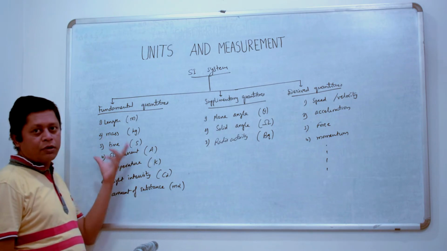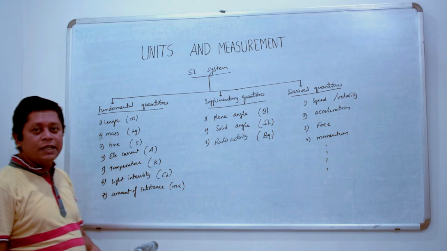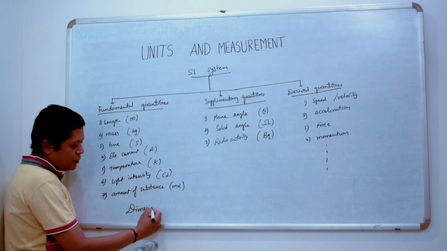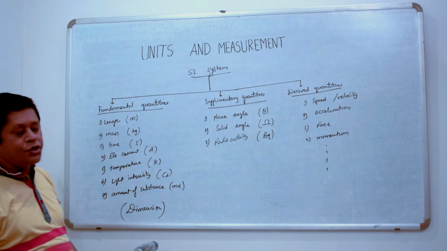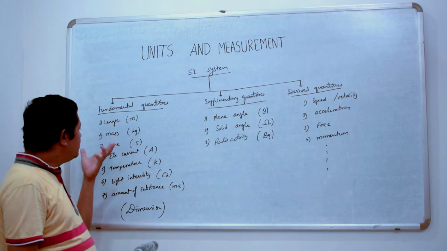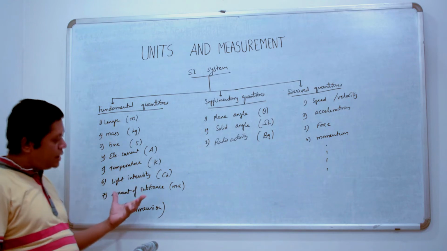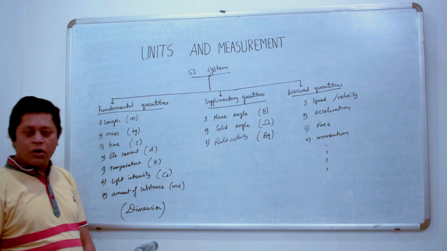That's why they are called fundamental physical quantities, and these quantities have dimension. So length, mass, time, electric current, temperature, light intensity and amount of substance are the 7 fundamental physical quantities.